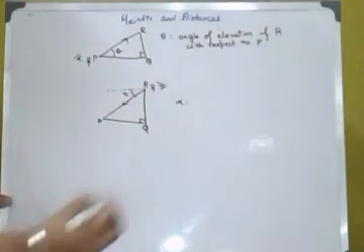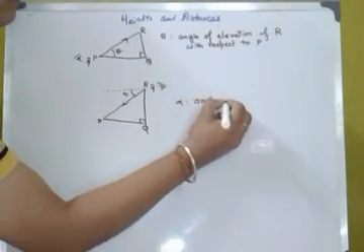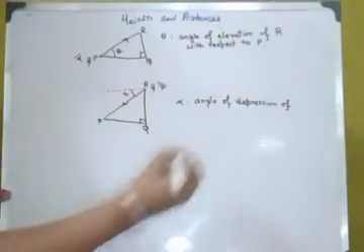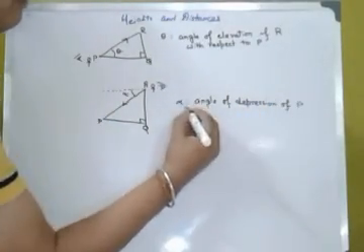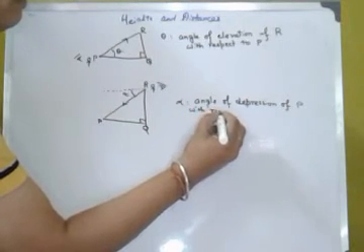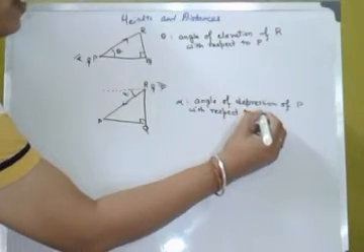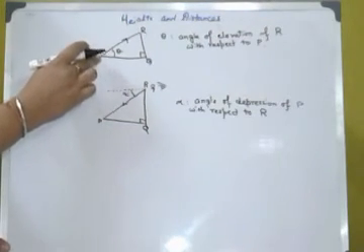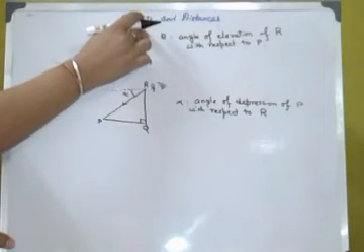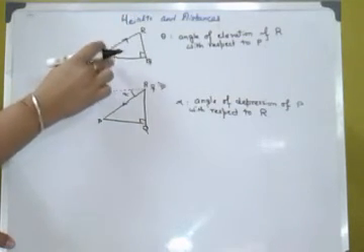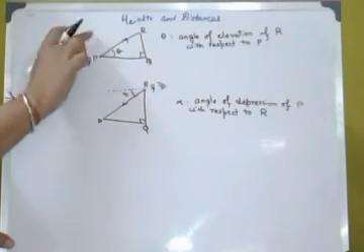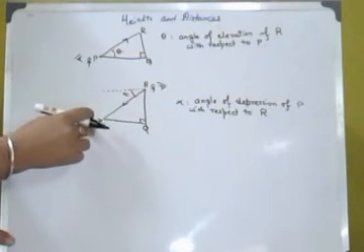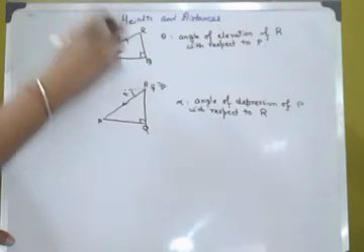So angle alpha is called the angle of depression of P with respect to point R. So if the observer is standing at P and he is looking up at R, the angle is called the angle of elevation, and if the observer is standing at point R and he is looking down at P, then the angle is called the angle of depression.